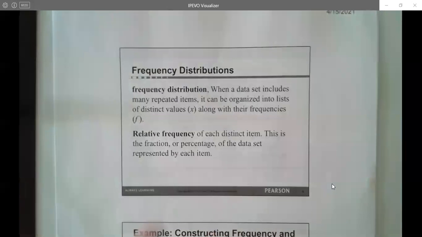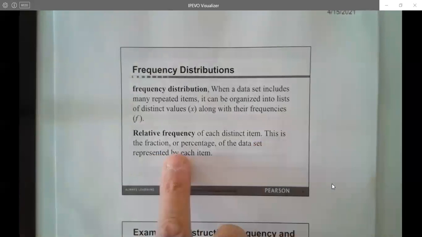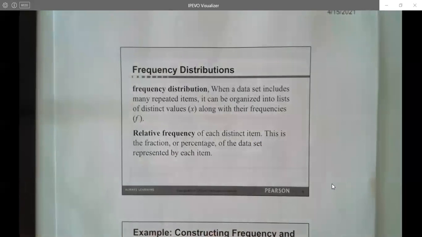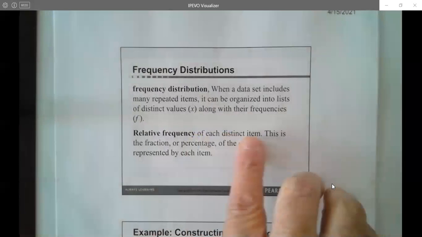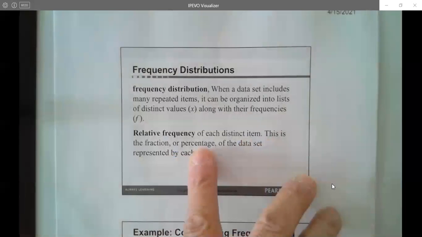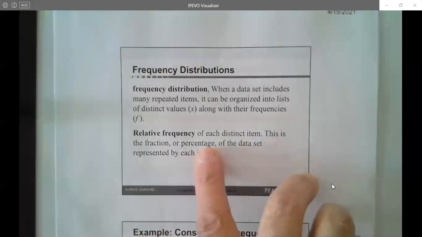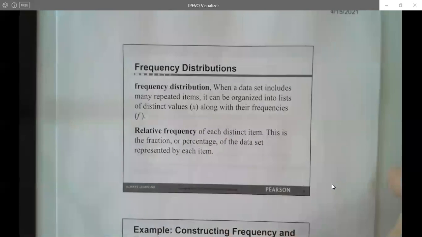Frequency is counting up how many are in each group. Relative frequency is the number in each group divided by the total, multiplied by 100 to get a percentage. So the relative frequency of each distinct item is a fraction or percentage.